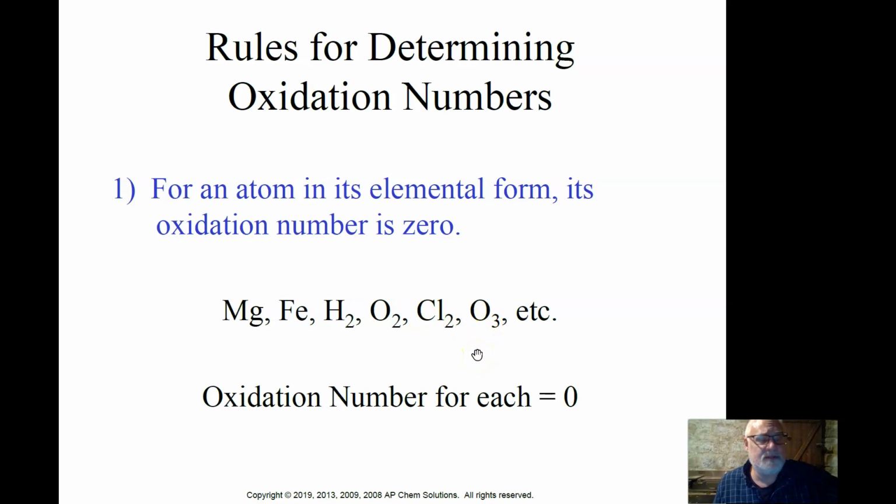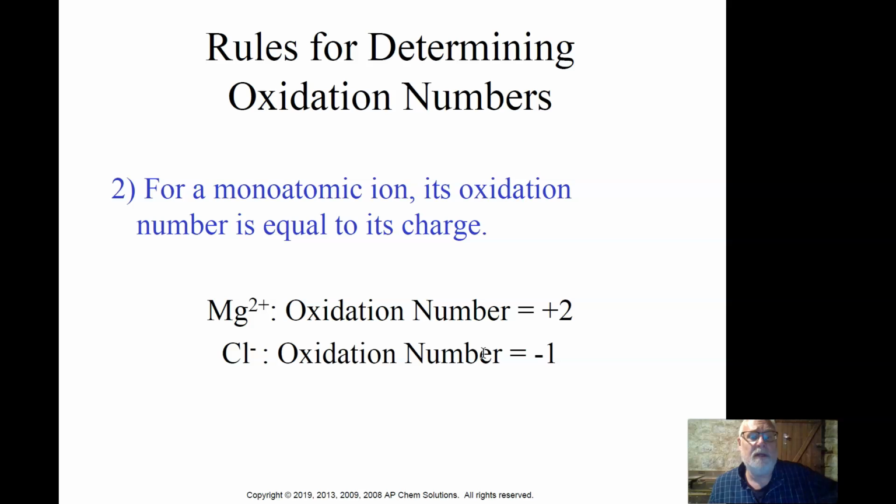Phosphorus, for instance, is P4. That's just one type of element, so that would be 0. Sulfur can be S8, 0. If it's in its elemental form of any of the allotropes that it can exist in, then it's going to have a charge of 0.